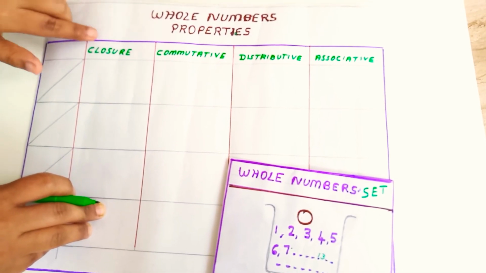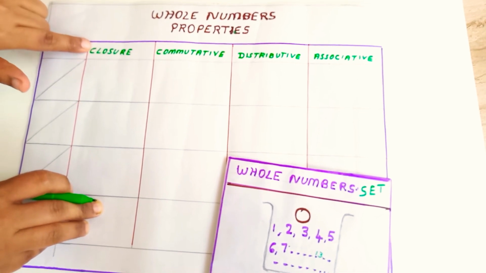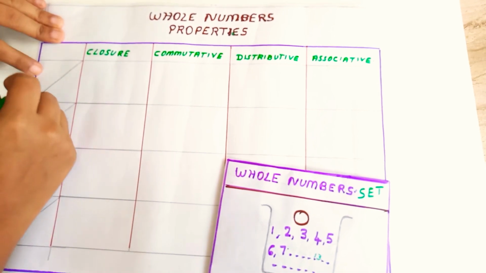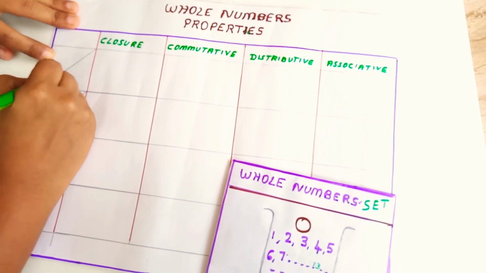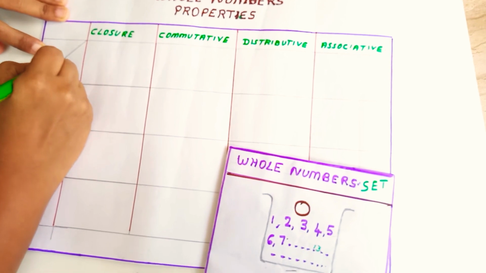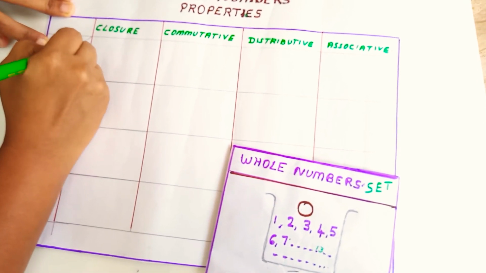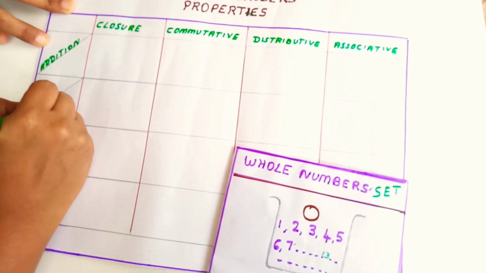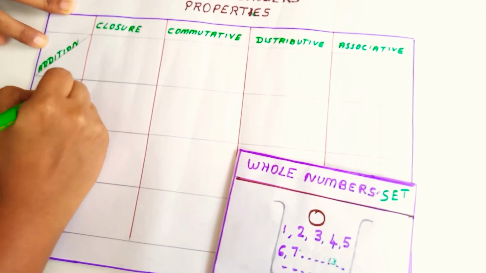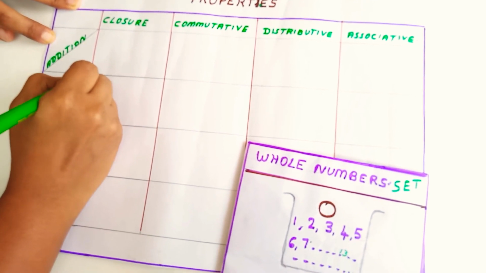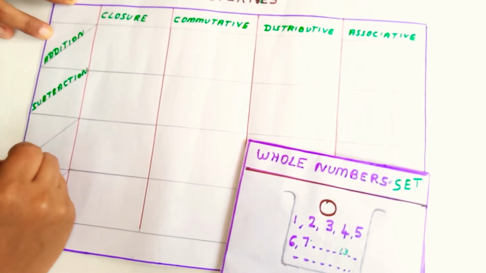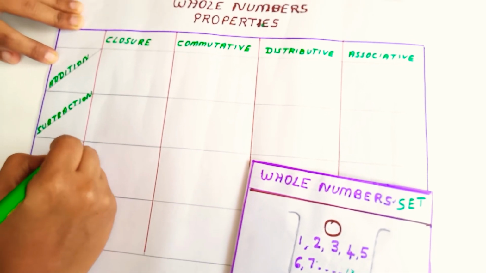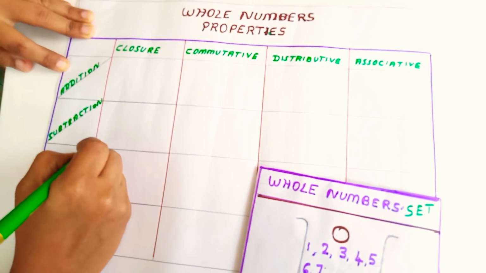In this class, I will explain closure property. It has some calculations, that is addition, subtraction, multiplication, division.